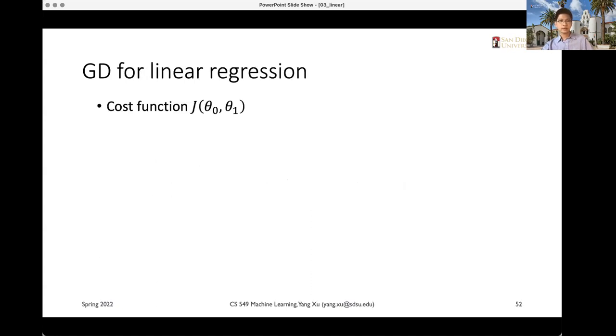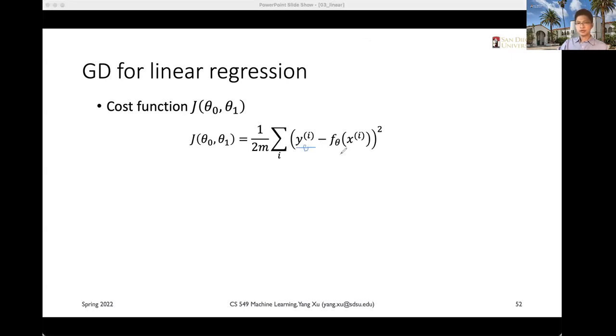And let's look at the linear regression problem for now. We know that the cost function is in the form of a summation of squares, the square of differences between the actual ground truth value and the predicted values.